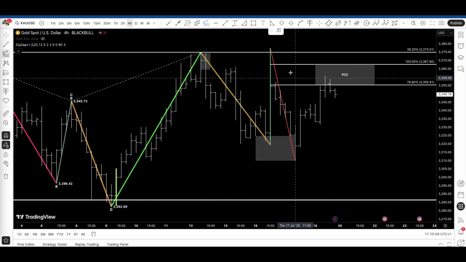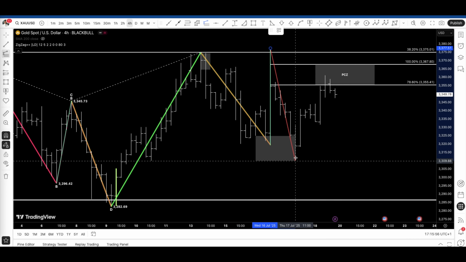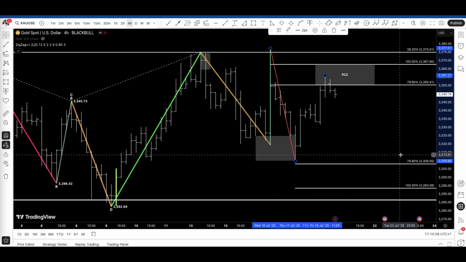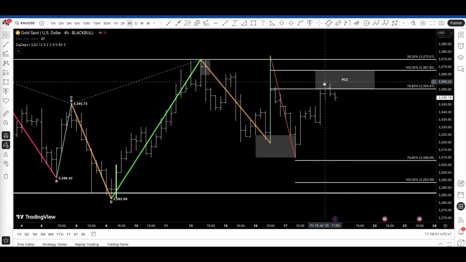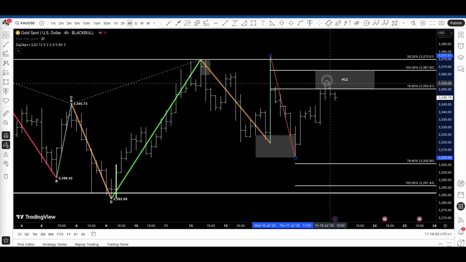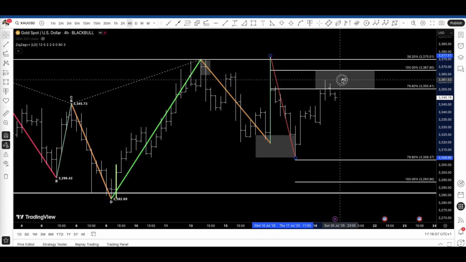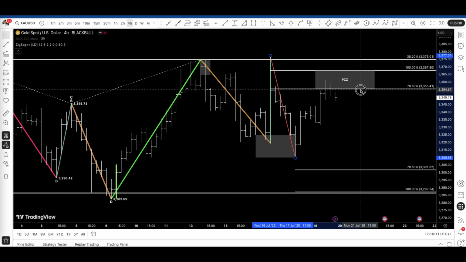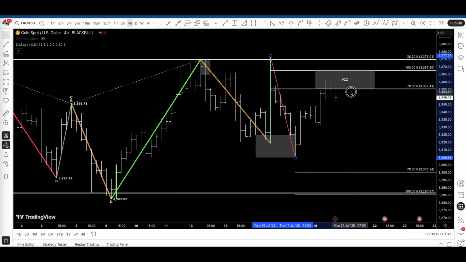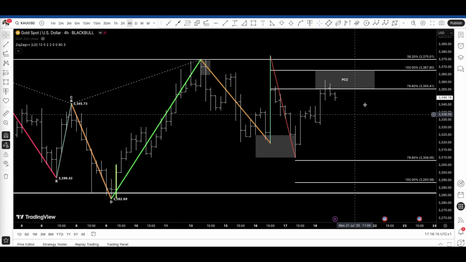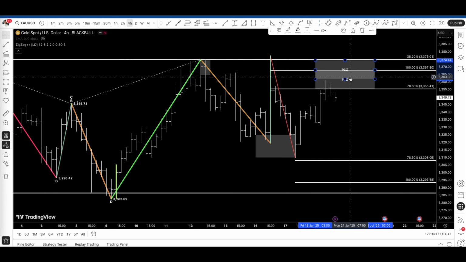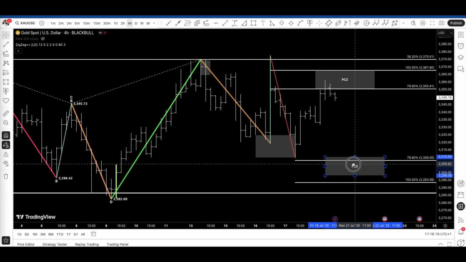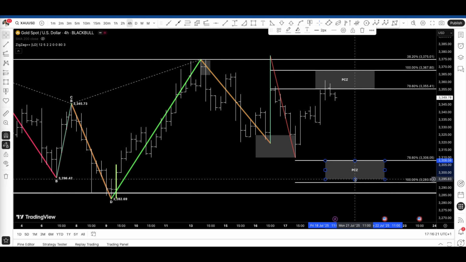If the price is going to respect this level without taking this high, because it's from this point I'm setting the Fibonacci already. If it's about to take another high and it breaks the 78, I will have to move the Fibonacci. But at the moment, if the price remains there, that will be what we are looking at.